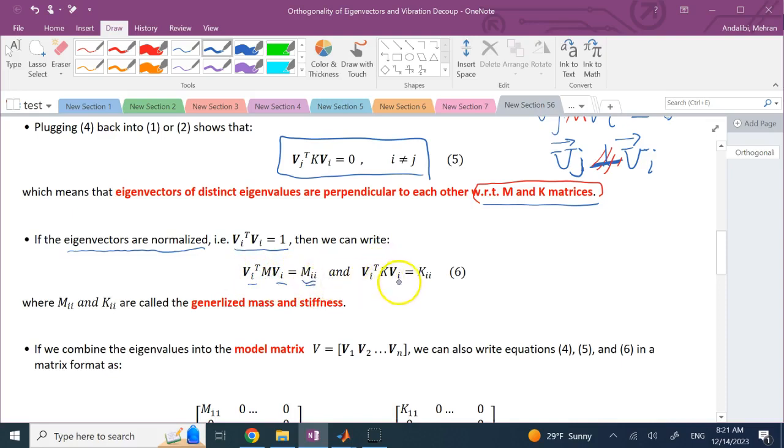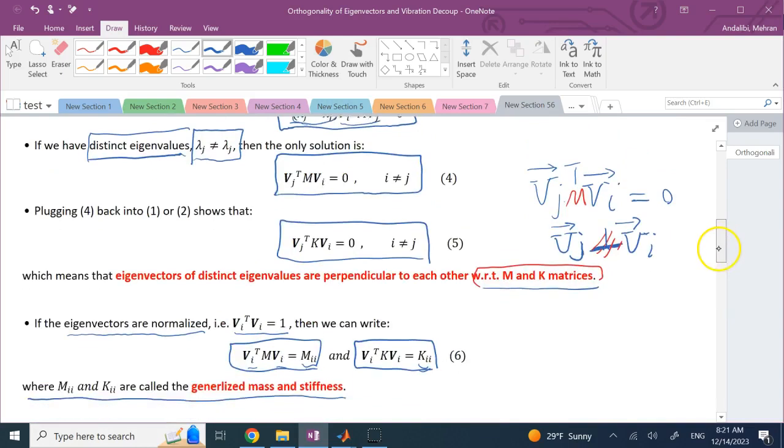If you do it with the K matrix, you call it Kii. These Mii and Kii we call generalized mass and generalized stiffness, where i can go anywhere from 1 to n, and n is the dimension of the state space.